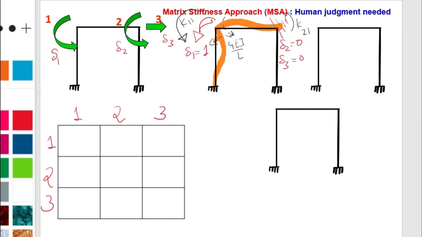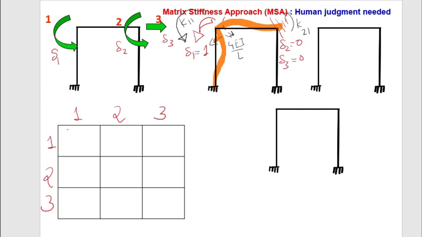K21 will be the moment at the artificially restrained end. So here we have 8EI/L as K11 and 2EI/L as K21. We can compute K31 also, but let's defer it to the last step, that is involving delta 3.